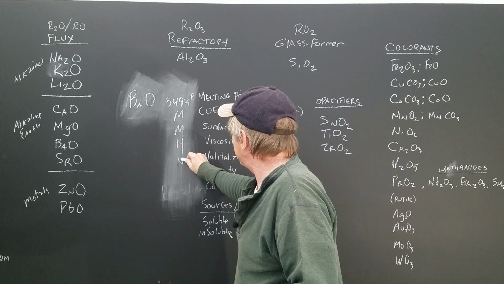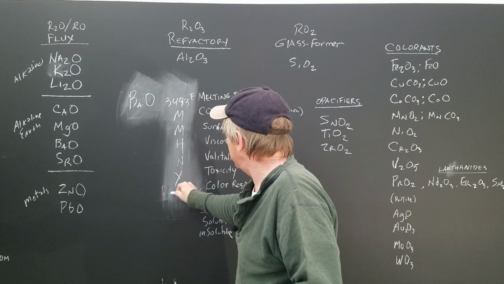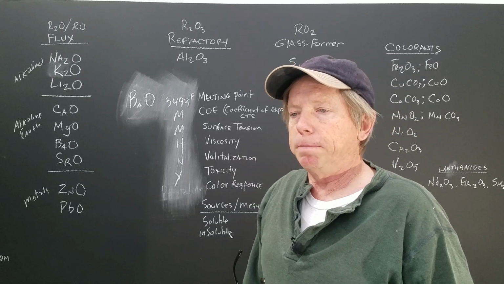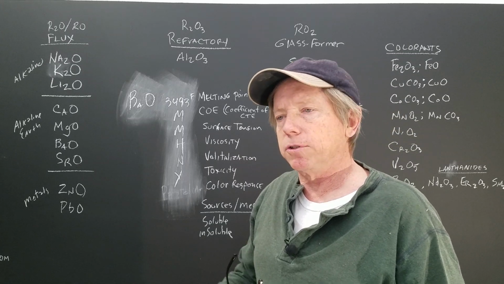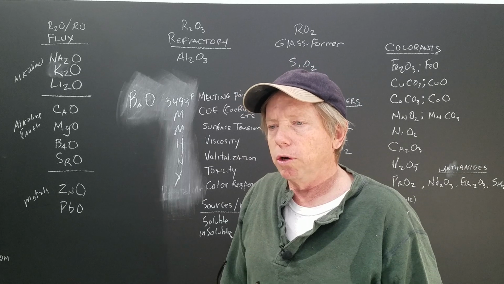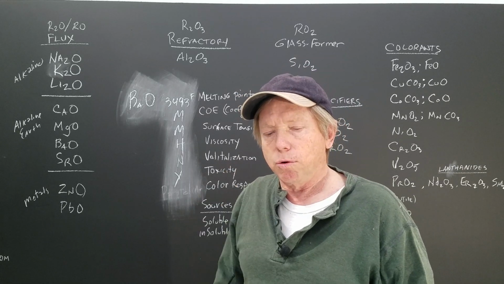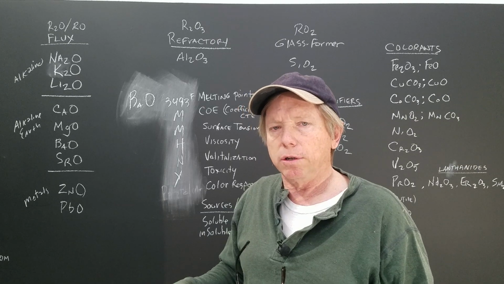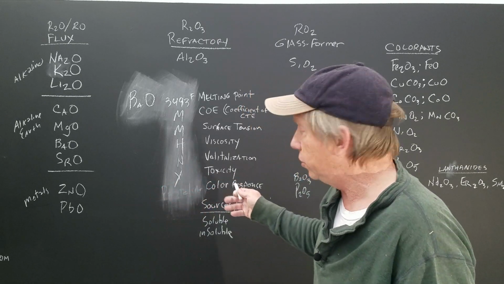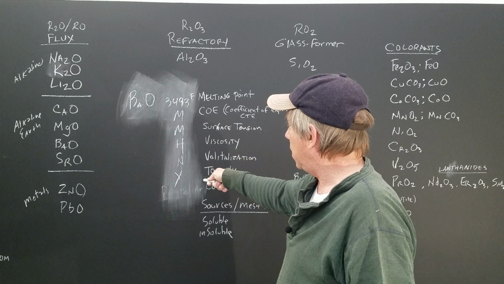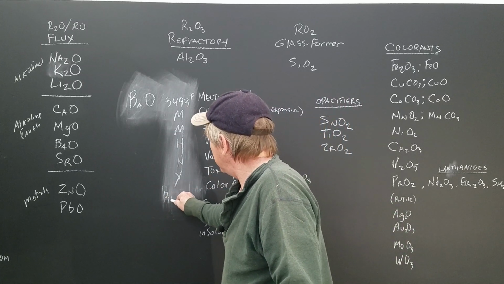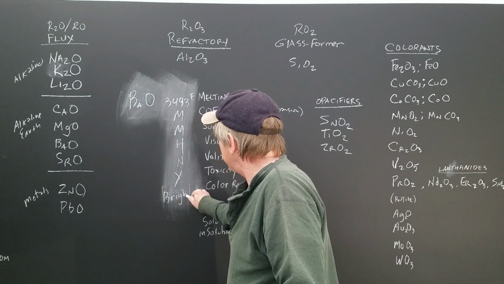Does not volatilize. It's toxic as barium carbonate. As barium sulfate, it is not. Barium sulfate is what you take when you go to the doctor and they make you drink a quart of this stuff and take an x-ray. So it depends on the type or the source which is toxic. It makes bright matte glazes.